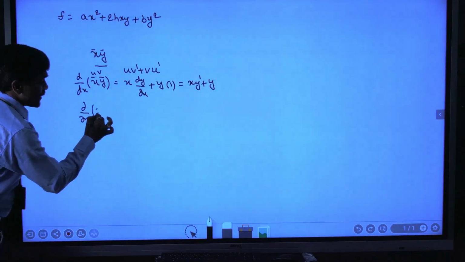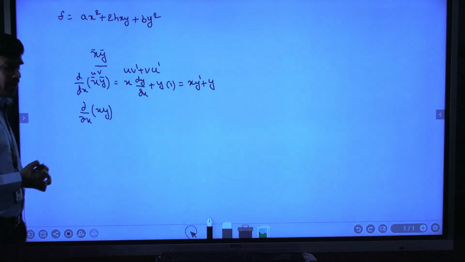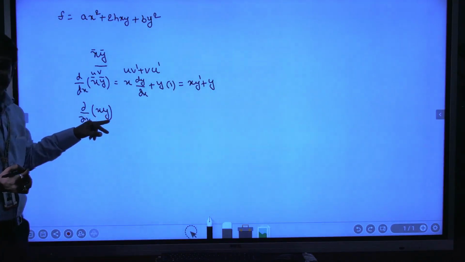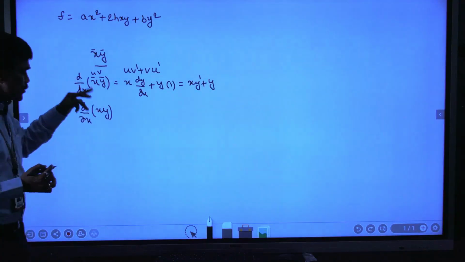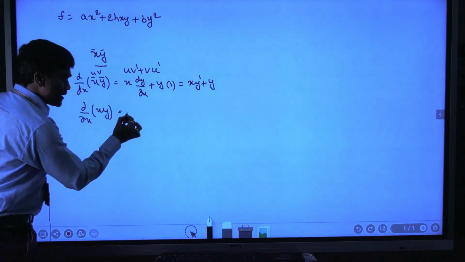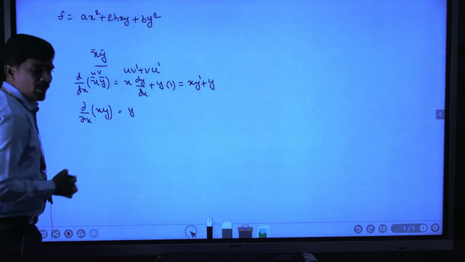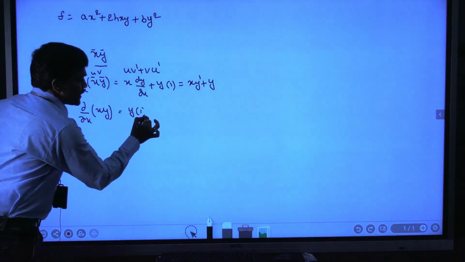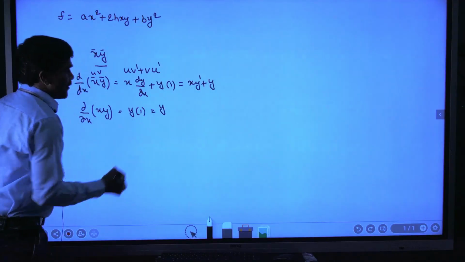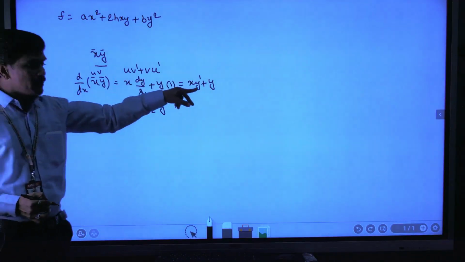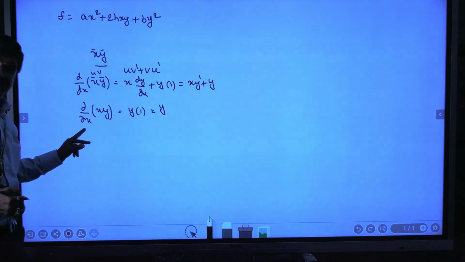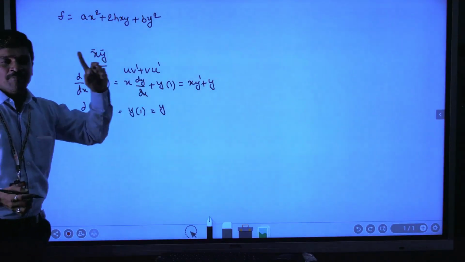In this function x into y, with respect to x, y is treated as a constant, so it stays as y. Now the derivative of x is 1, so we get y. For the same function, the ordinary derivative is xy dash plus y. For the same function, the partial derivative with respect to x is y.